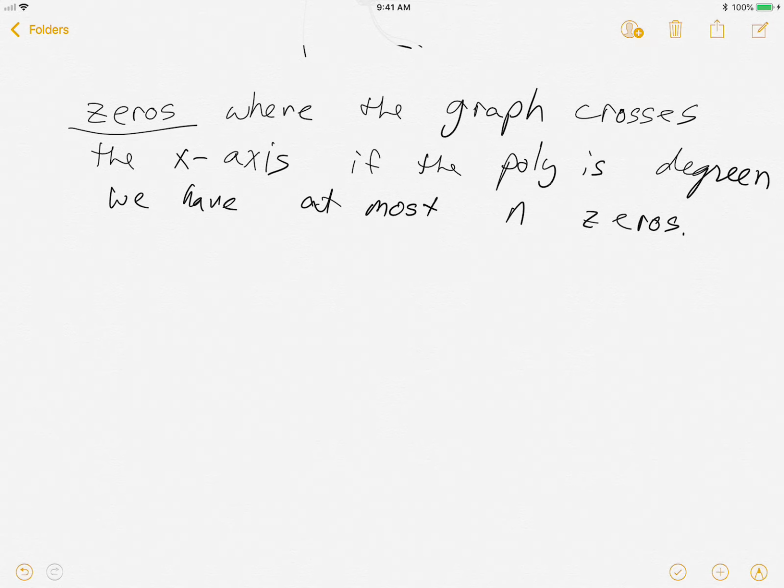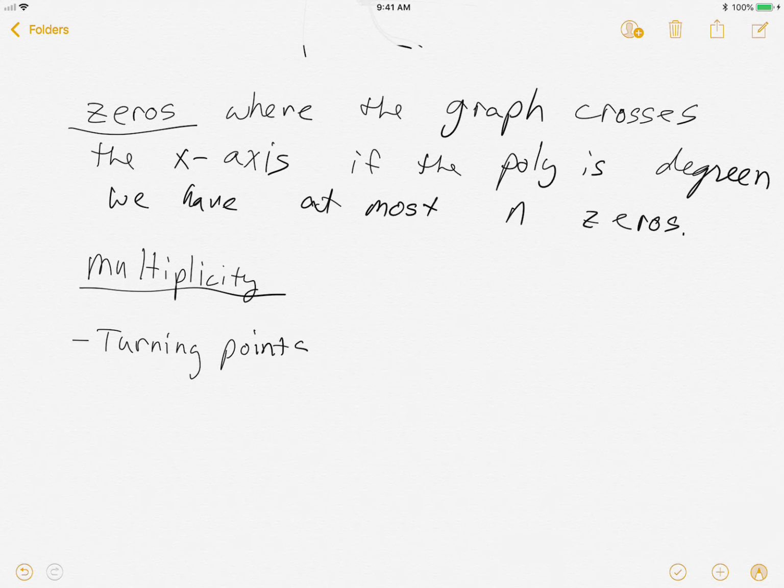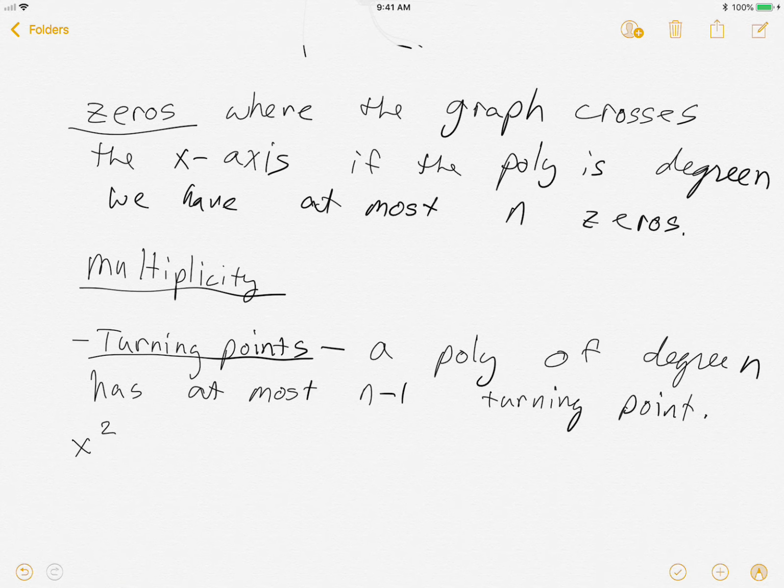Let's talk about turning points. That's actually where the graph changes direction. Now, important note here. A polynomial of degree n has at most n minus 1 turning points. So for instance, if you know x squared looks like this, x to the third looks like this.